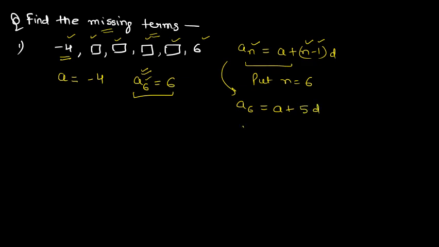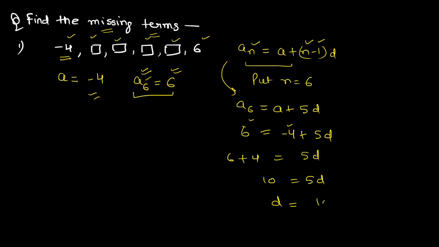So your A6, which is already given in the question, is 6. A is what? Minus 4 plus, we don't know D, so we have to find this D. This will go to the left hand side, so it will become plus. So 5D equals 10, so D will be 10 by 5, that is 2, correct? Common difference we have found out.